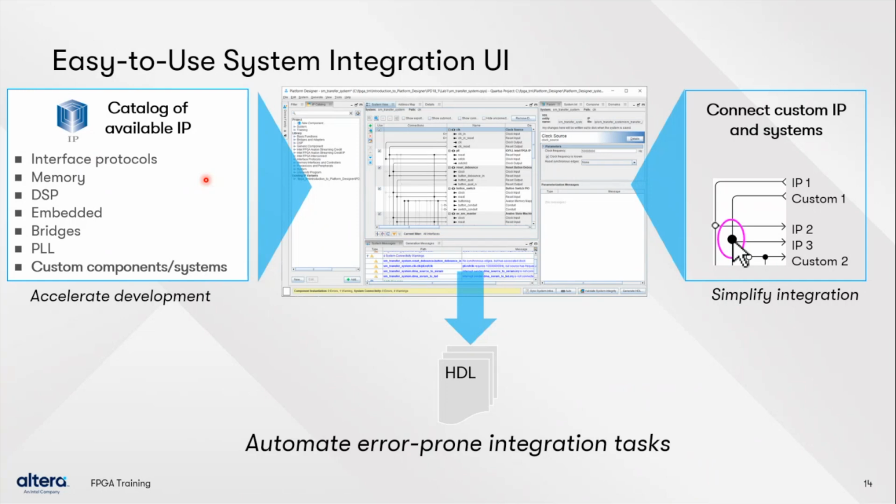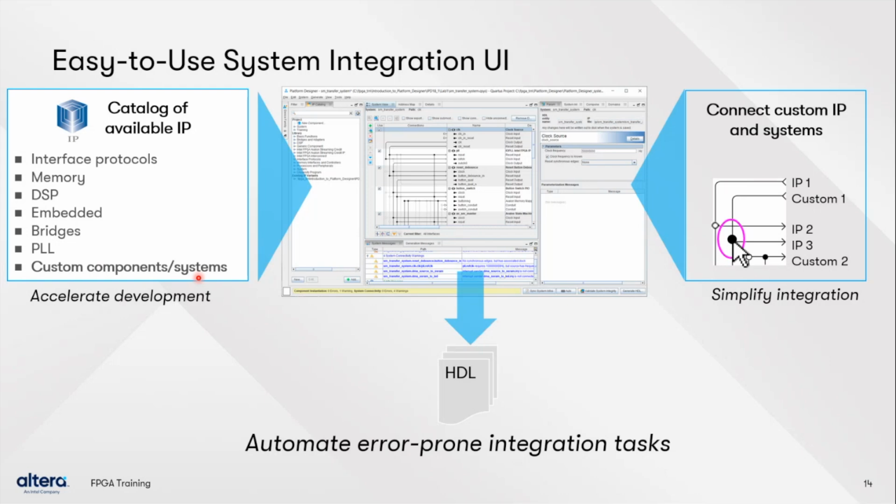So we provide lots of IP, many different types of IP, from very complex to very simple, like muxes and control logic, up to high-speed interfaces, and the hard processor system in our SoC devices. Somebody asked about SoC earlier. All of this is accessible in the IP catalog, as well as the ability to include your own custom components or systems that you've created previously.